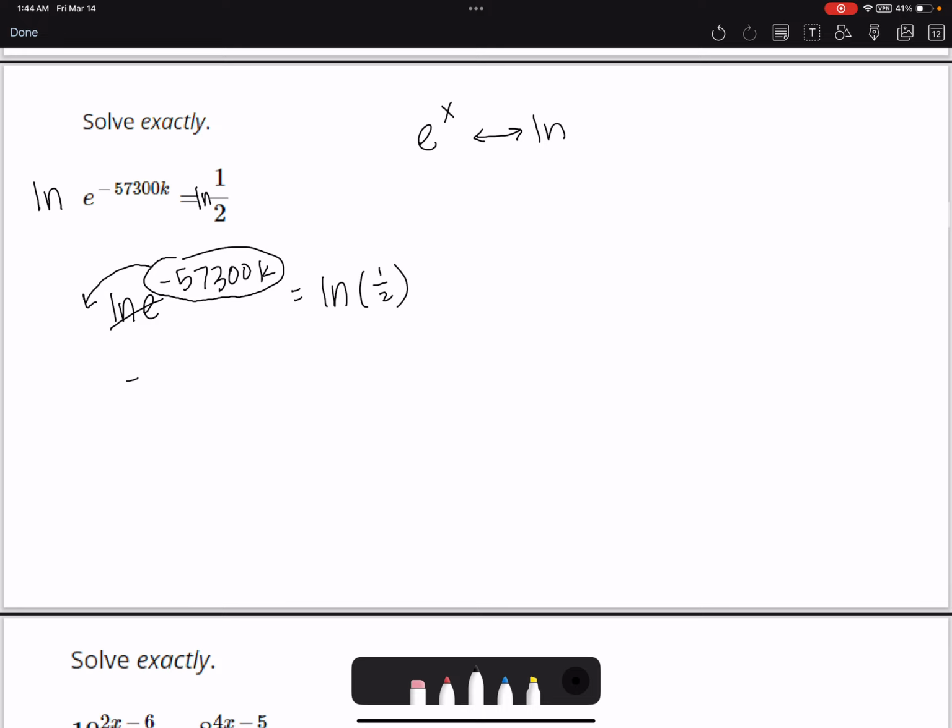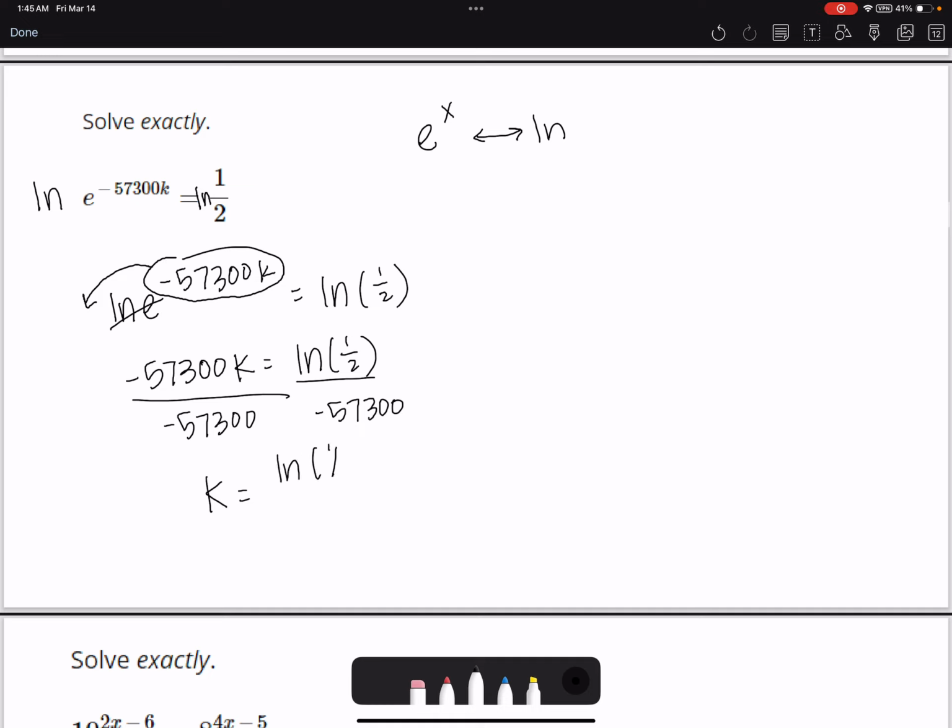So we have negative 57,300k equals ln of 1/2, and we divide by this number. So k is ln of 1/2 over negative 57,300.